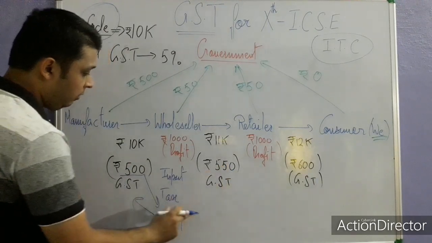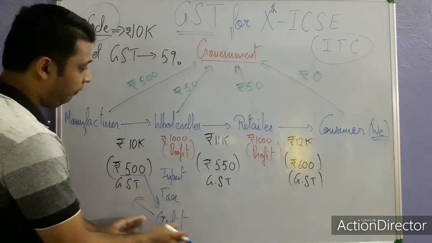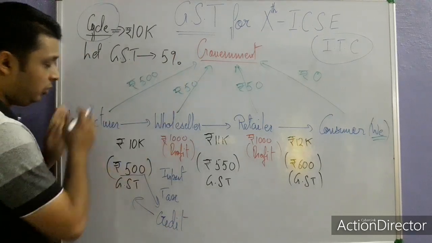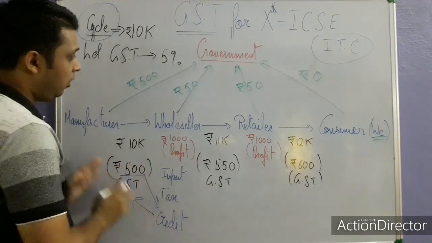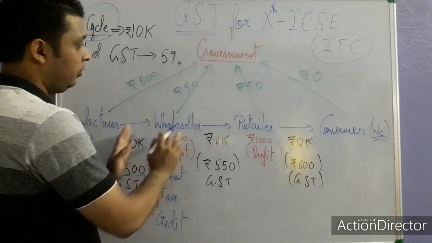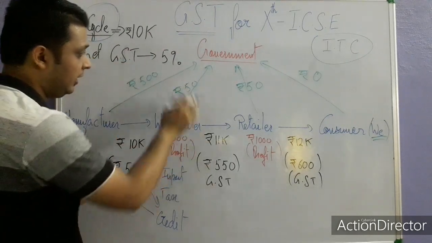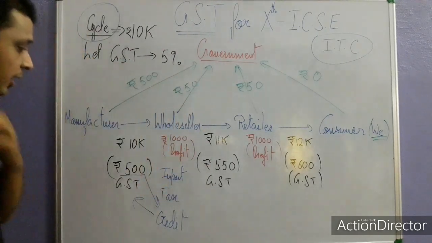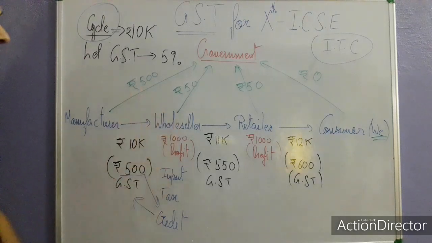And now he has already a credit of 500 which he has already given to the manufacturer, so he will not give 500 back to the government. He will say that I will give you 50. So this is the input tax credit for the wholesaler.